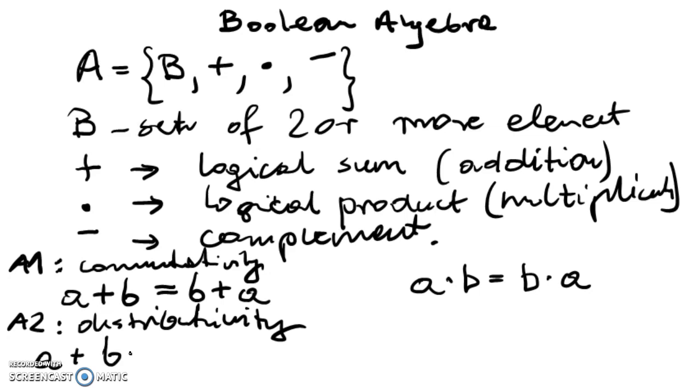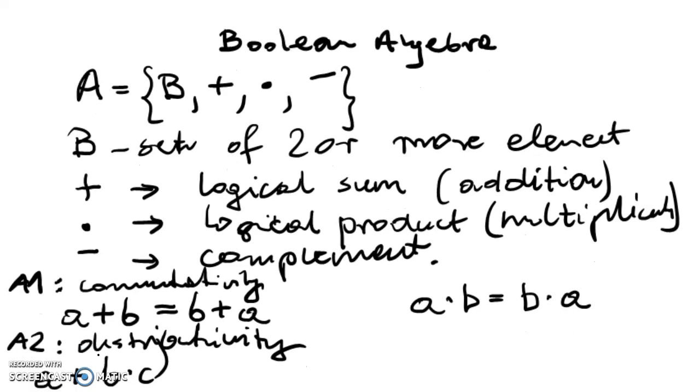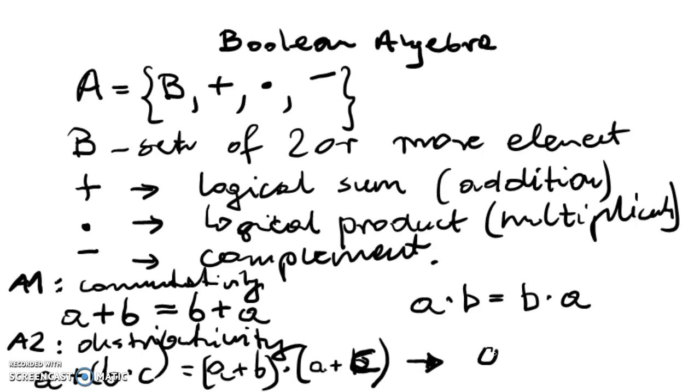A plus B, times C, where times means product, equals A times C plus B times C. I am using the names which come from our algebra, and also the counterpart: A times B plus C. This is not very common.